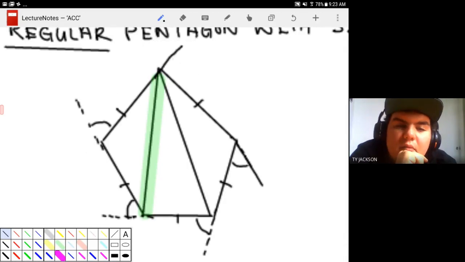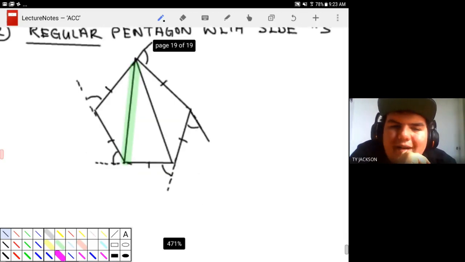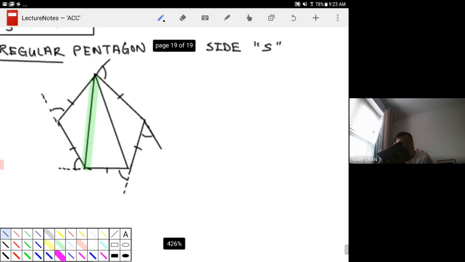But that's only if we have this given value. Wait. There's a fact that you guys need to recall: the sum of all exterior angles for any n-sided regular polygon will always add up to a certain number. Do you guys know what that number is?